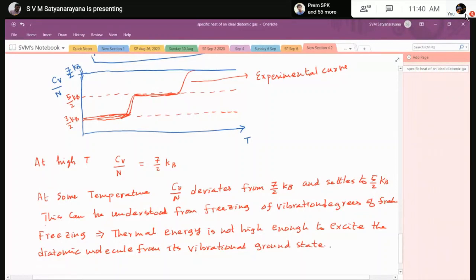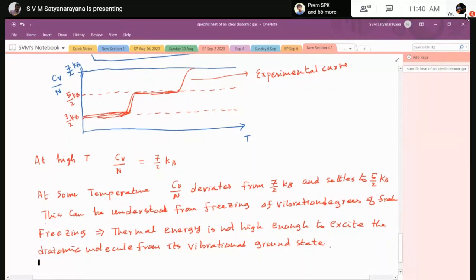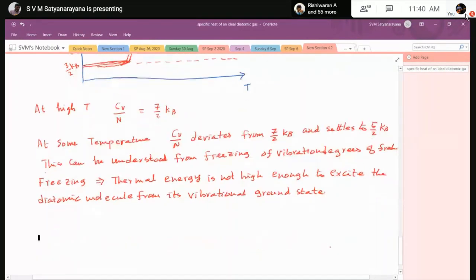Now, we know from spectroscopy that vibrational degrees of freedom require high energies. If you look at spectroscopy, like IR or UV-visible spectroscopy, it is the vibrational levels that actually contribute to these transitions.